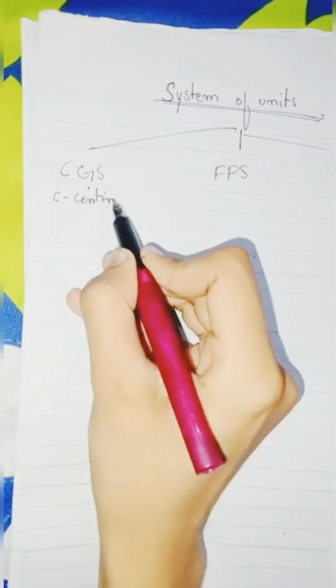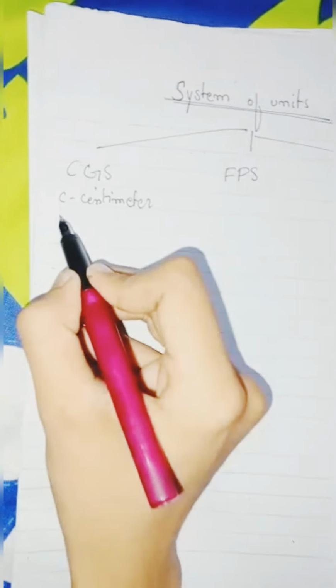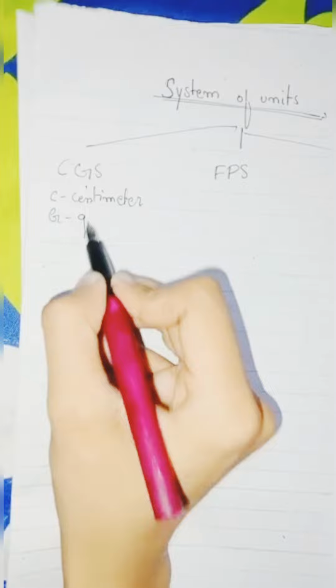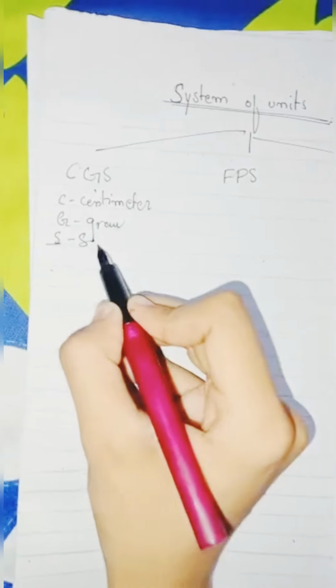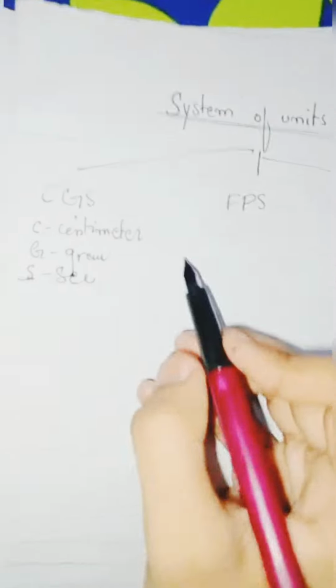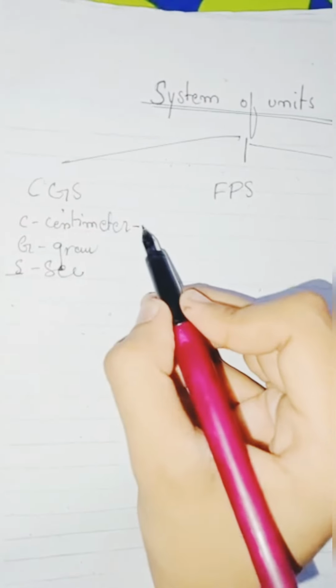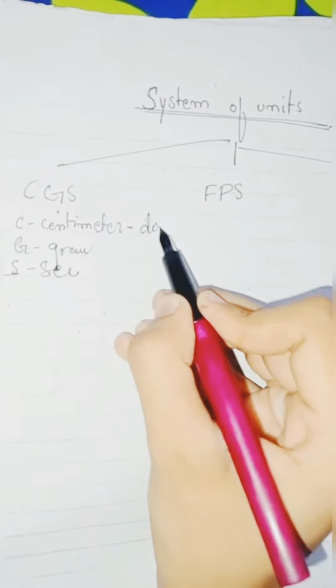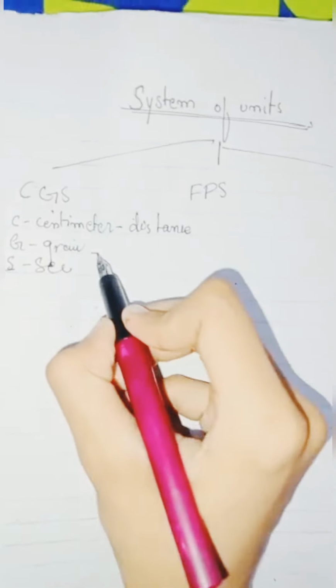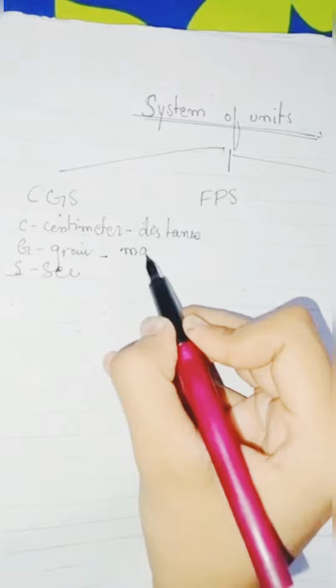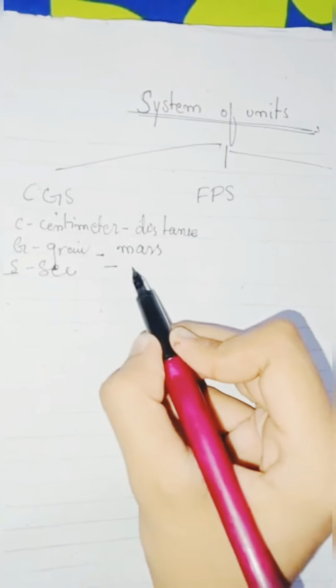Firstly, talking about CGS system, C is centimeter, G is gram, and S is second. The unit of distance is centimeter, the unit of mass is gram, and the unit of time is second in CGS system.